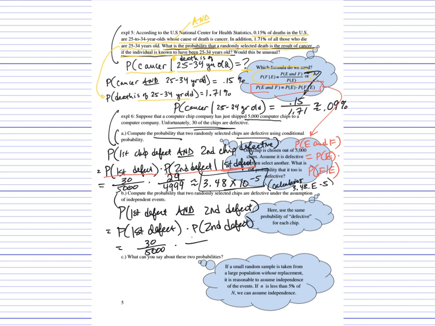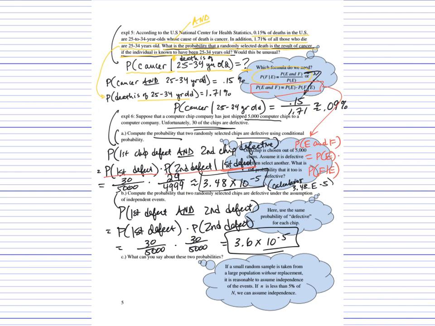Probability the second is defective, it's 30 over 5,000 again. Now when we get that calculated, we're going to end up with 3.6. Actually, this is not approximate. This is an exact 3.6 times 10 to the negative 5.